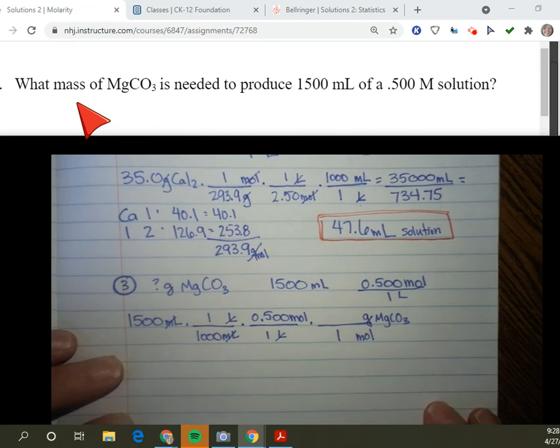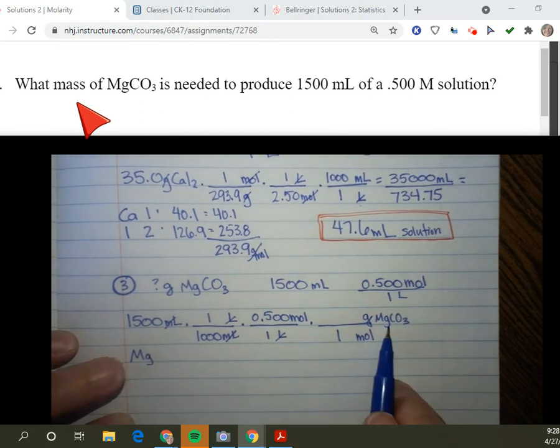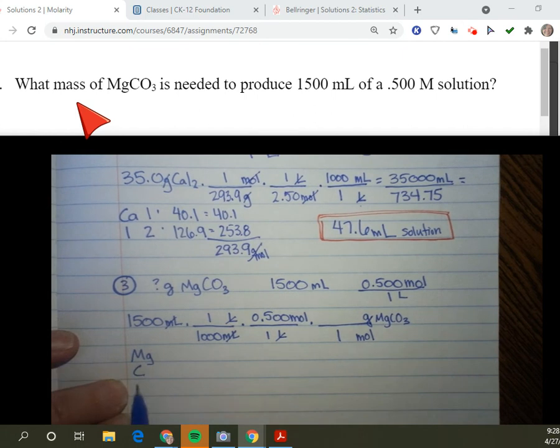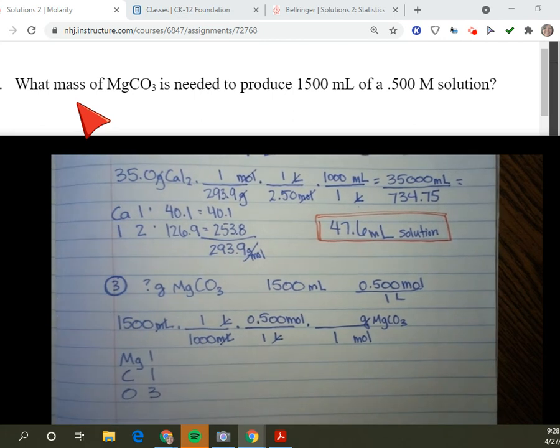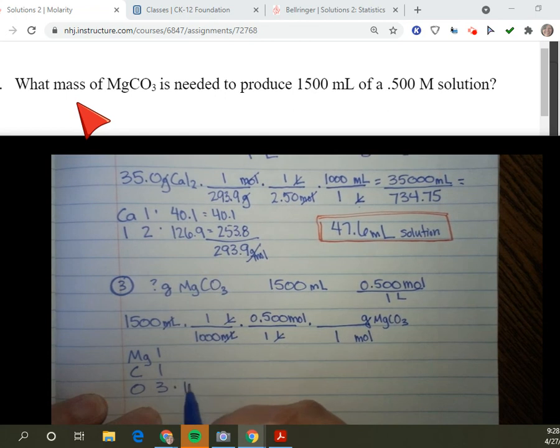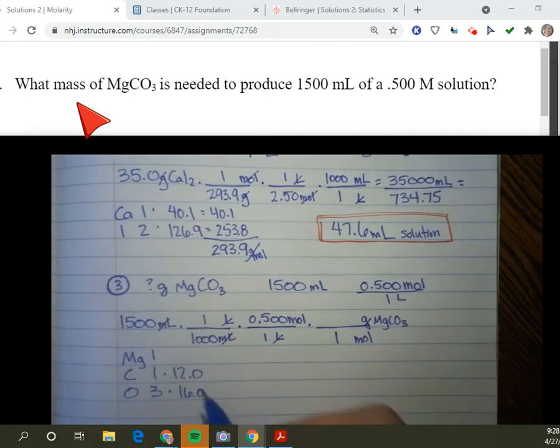So let's go ahead and calculate that molar mass. So we look at magnesium carbonate, we see magnesium, we see carbon, we see oxygen. 1 magnesium, 1 carbon, 3 oxygens. We've already memorized oxygen. We've already memorized carbon. Magnesium, I don't know if you've memorized or not, but it's 24.3.